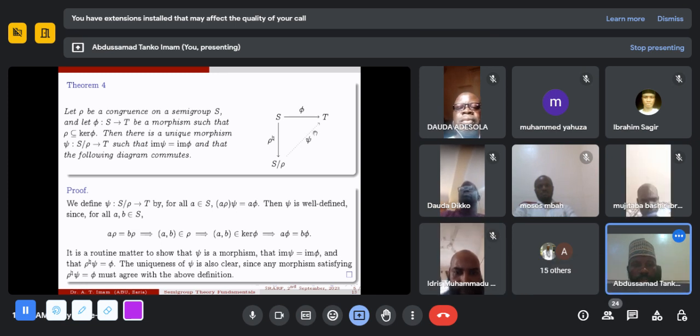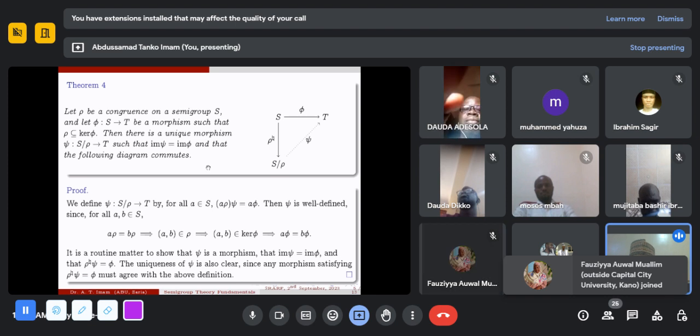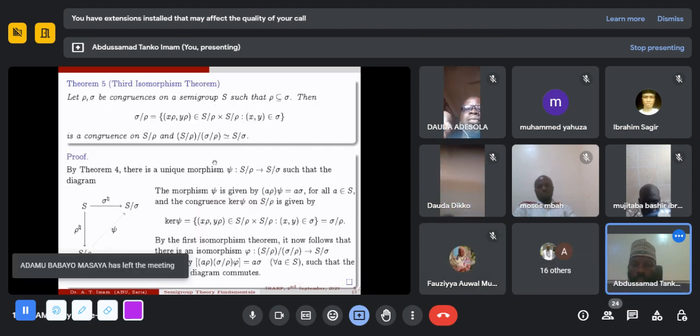If you assume any other map from here to there satisfying the fact that the diagram commutes, that mapping must be equal to psi. So uniqueness is also clear from the definition of psi, and so we have this theorem. This theorem will be useful on many occasions as we move down into the theory.